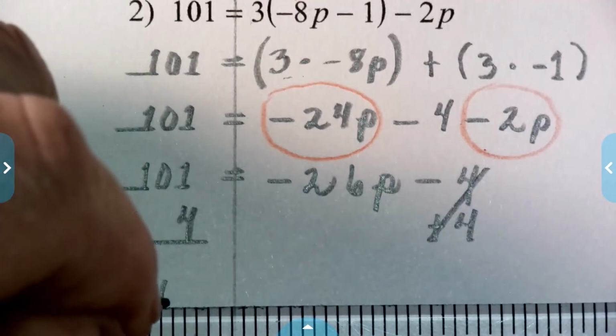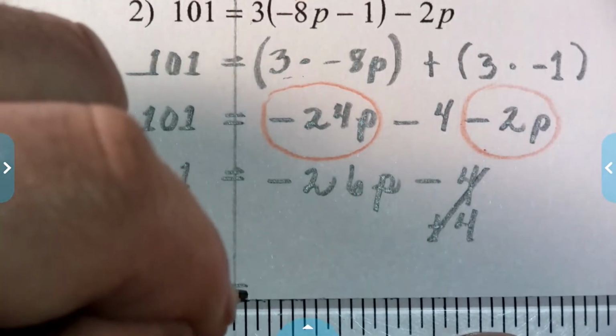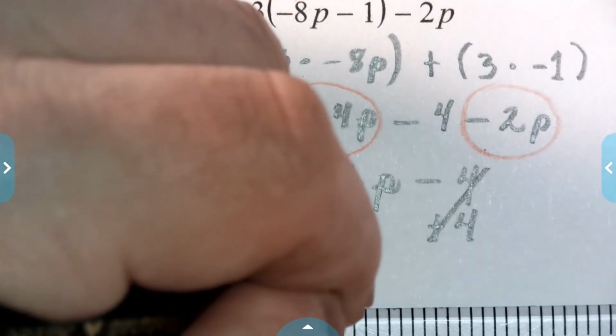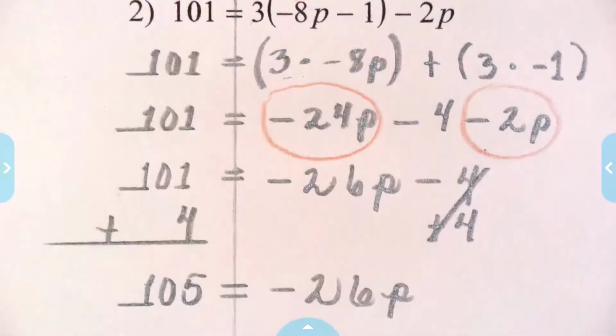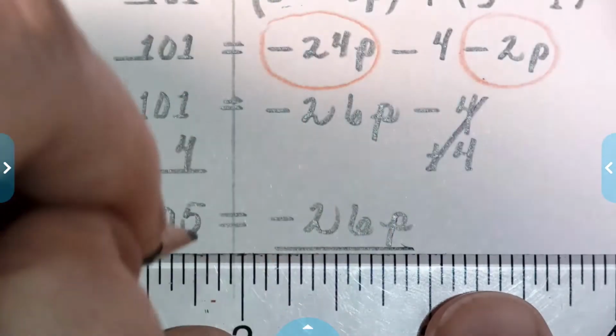So 104 equals -26p. And now I need to divide both sides by -26 to get p by itself.